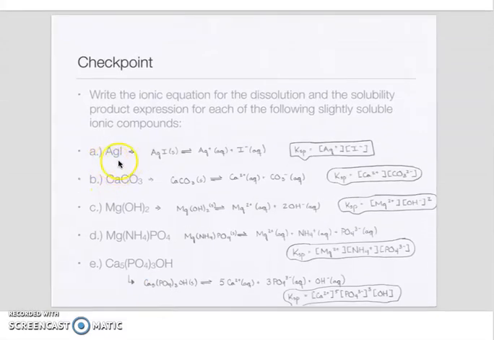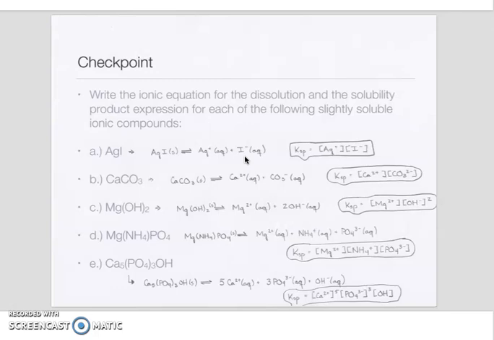So for our silver iodide, the first thing we want to do is write our ionic equation for it. And so we're going to start with our solid. So we just have our silver iodide solid, and then that's in equilibrium, and it's going to end up forming the silver ion as well as the iodide ion, both aqueous. So when I write my KSP expression, my KSP is equal to the concentration of products divided by reactants.